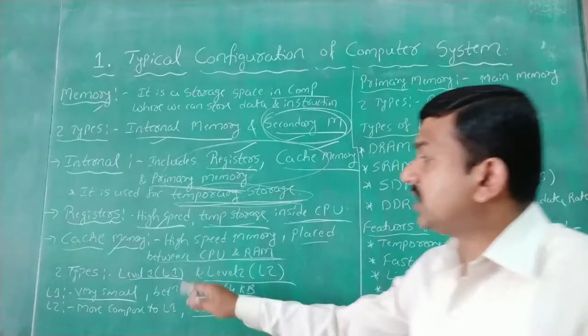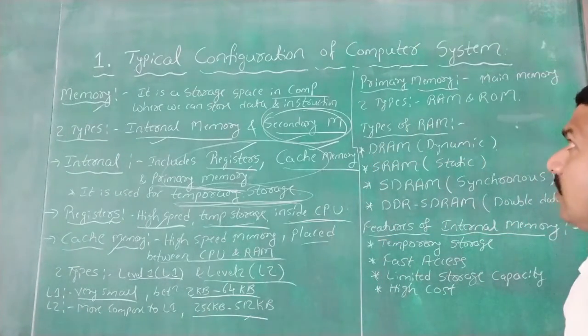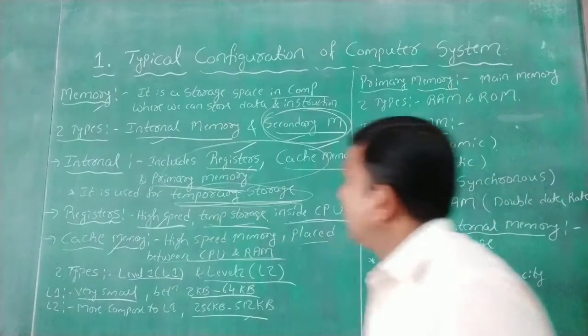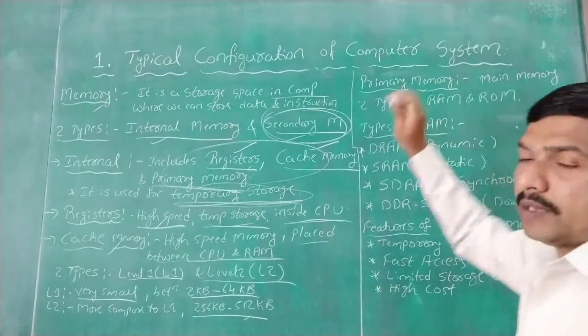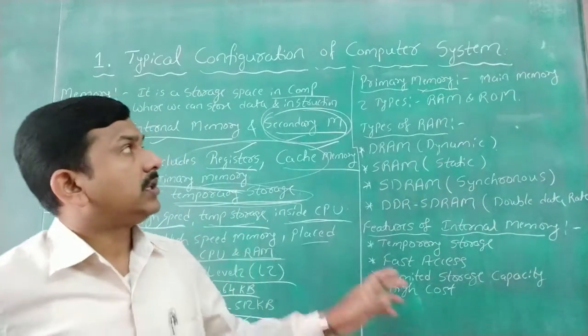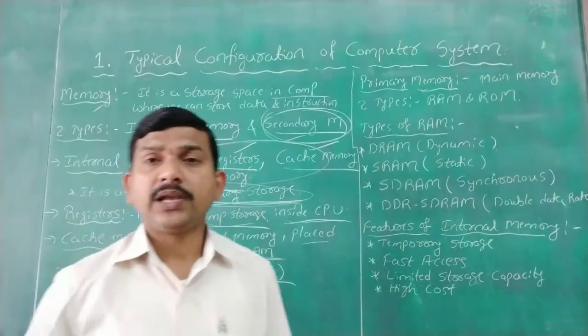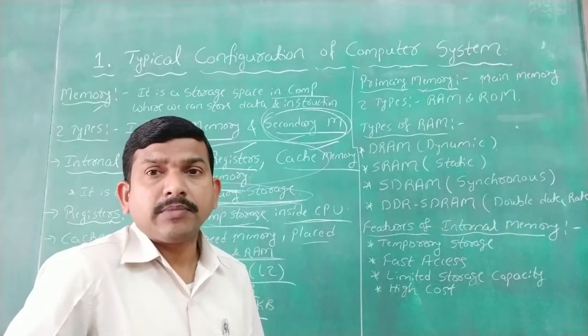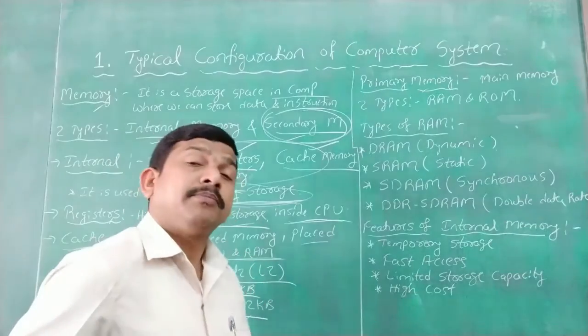Is it clear? These are the two different types of cache memory. The first one is register, the second one is cache memory, and next we go to primary memory. We already know about primary memory. Primary memory is also called main memory.